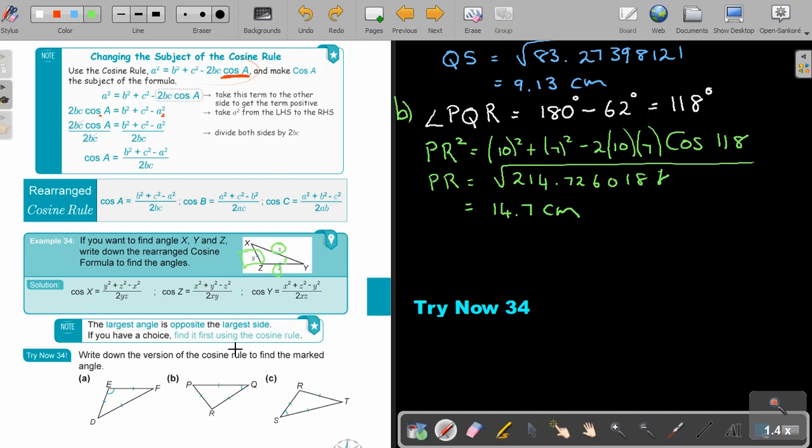Okay, so now in this case, I don't think you have to write down the version of the cosine rule for marked angles. Okay, so I want you again to do all 3. It's not difficult. It's very important that you know how to write down the formula before we start working with it.